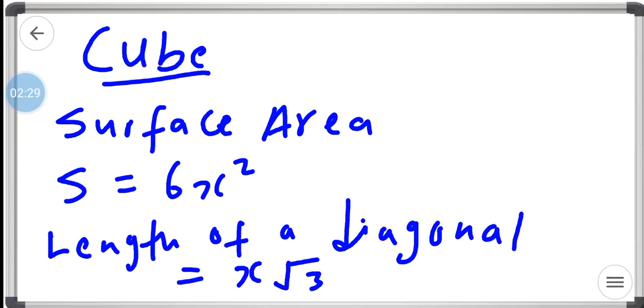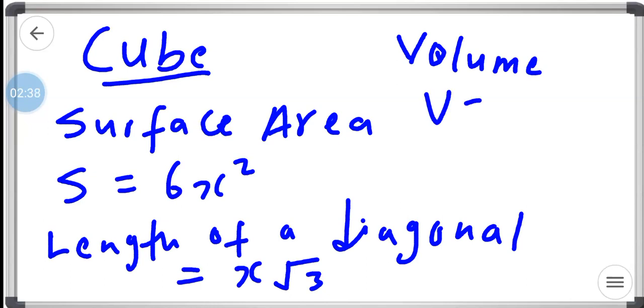And as well, the volume: V of a cube equals x cubed. So these are the three formulas that we'll be using while discussing the cube. The surface area S equals 6x squared, the length of a diagonal is x root 3, and the volume equals x cubed.